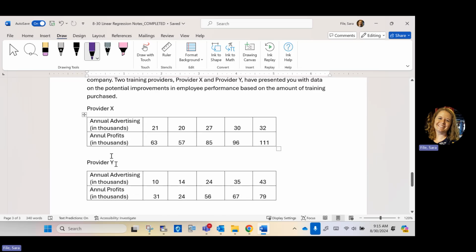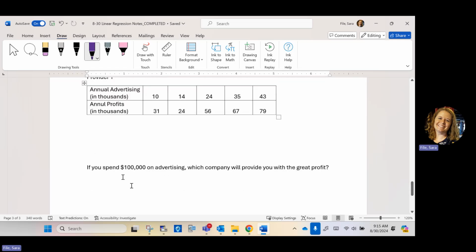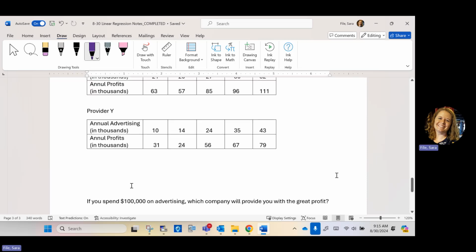For both of these, our x, our input, is the annual advertising in thousands, and then the annual profits in thousands. Okay, so the question down here is, if you spend $100,000 on advertising, which company will provide you with the greatest profit? Okay, so we're going to compare the two.